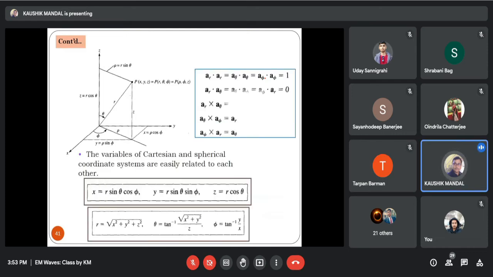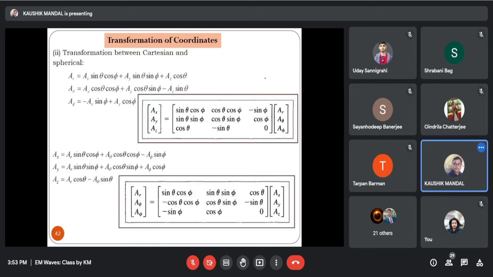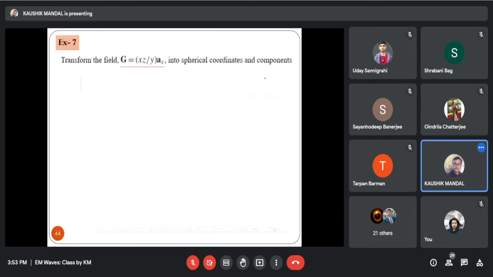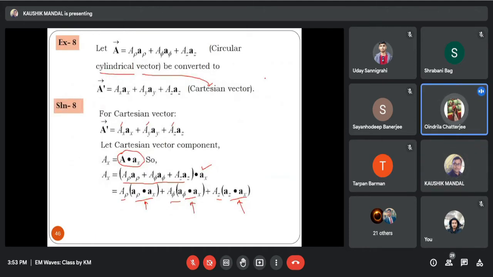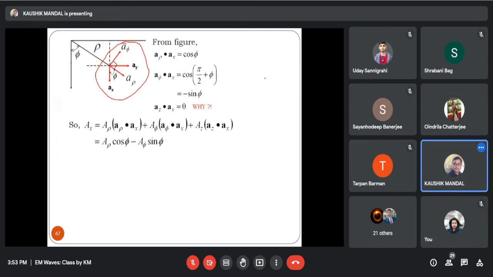Otherwise, you have to remember the equations. I think it is better to go with this. Via the equations, we just have to do the dot product, and the other components will just vanish. But in that case, you have to remember the equations, na?